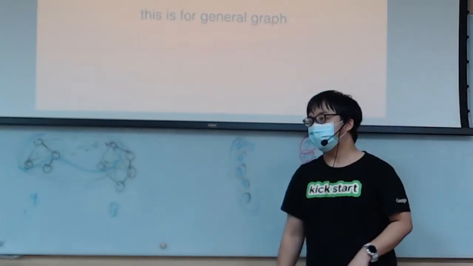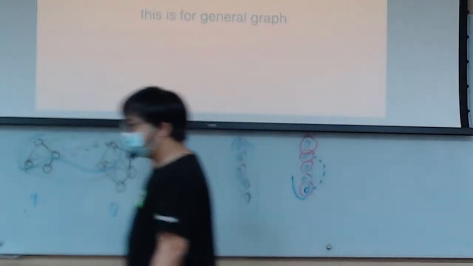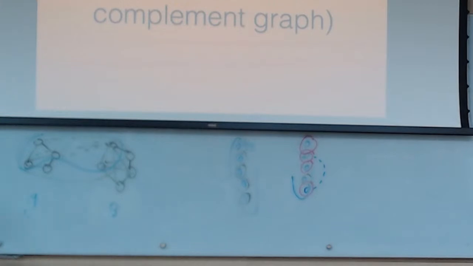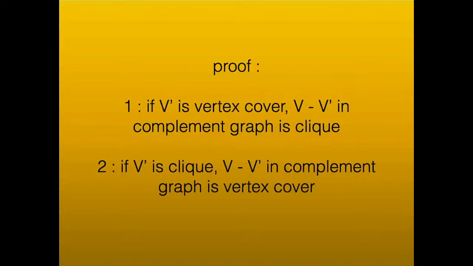So because of Konig's theorem, you can also find a maximum independent set in a bipartite graph, right? Which is simply the number of vertices minus the number of maximum bipartite matches. Right? That's just what I mentioned. And then again, the maximum clique is the number of vertices minus the vertex cover.